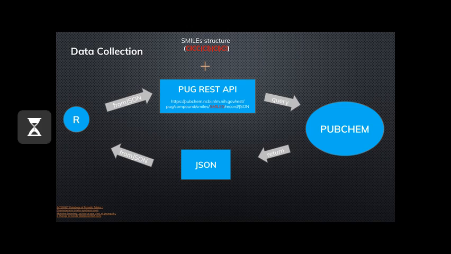I use fromJSON to call the structure of different atoms. Then PubChem can return a JSON file for this specific molecule, and I use fromJSON to process this JSON file and save all the features of all molecules into a table.